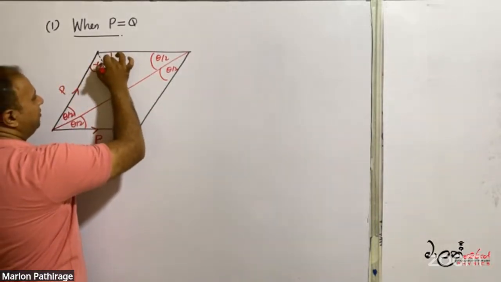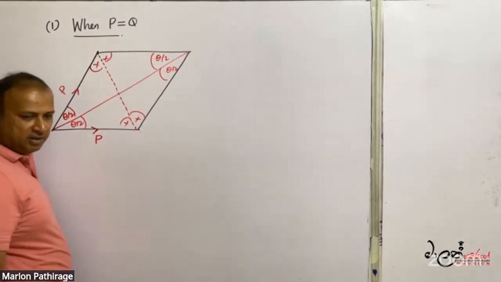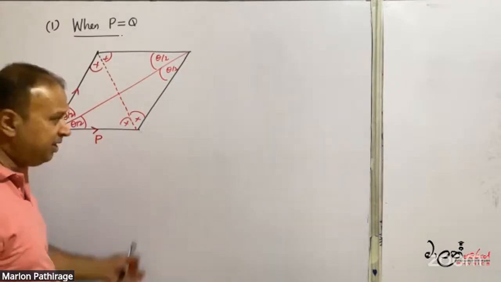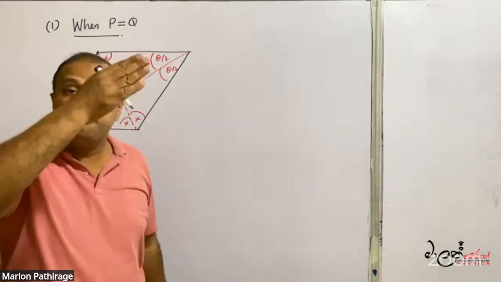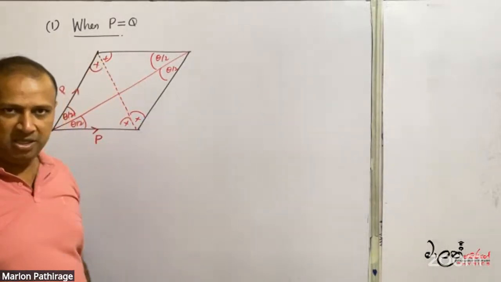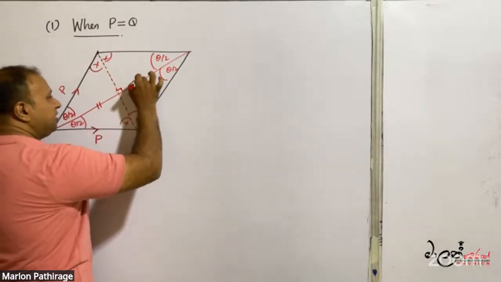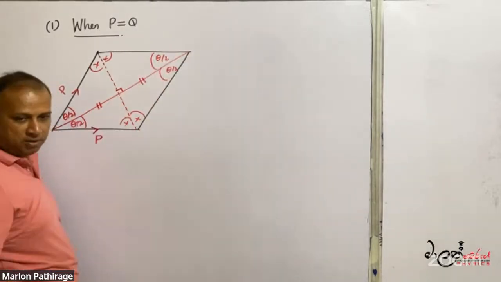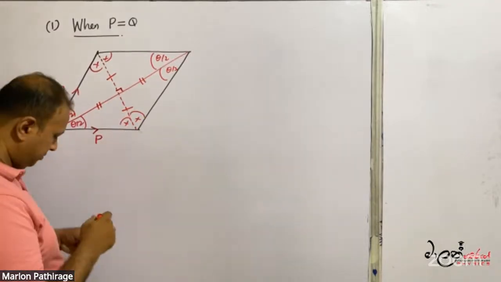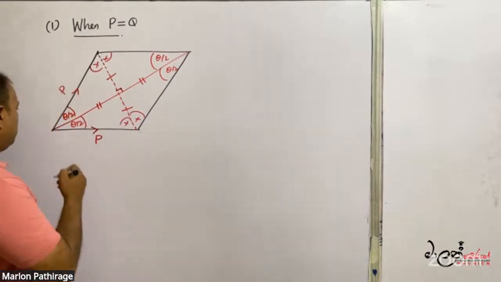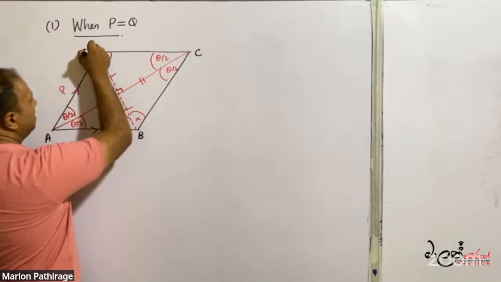And the other one is these two diagonals are perpendicularly bisected. But these two lengths are equal.